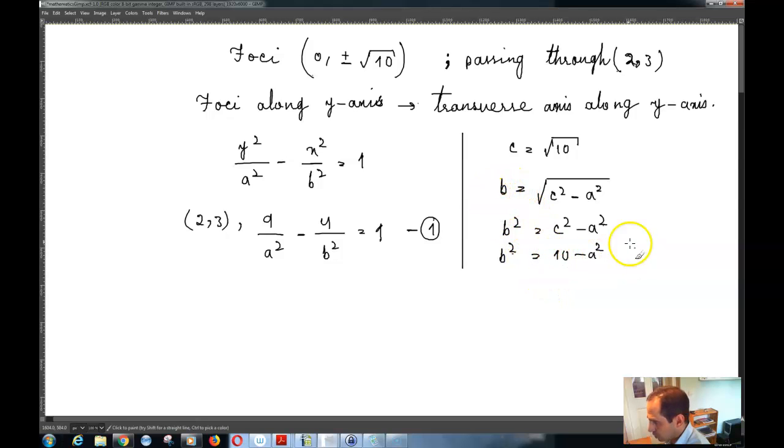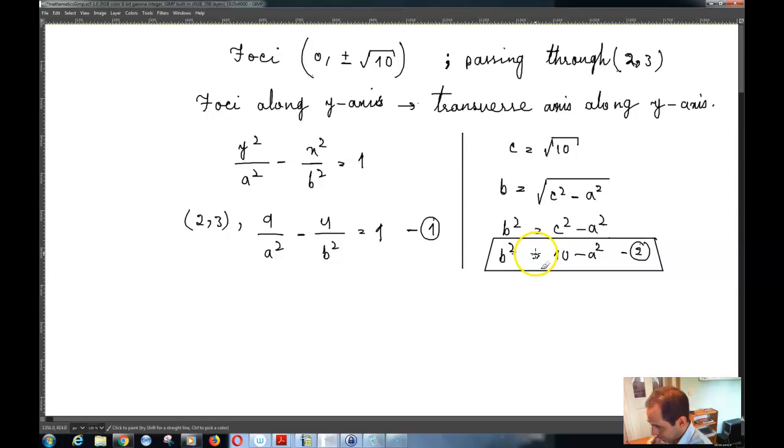So b squared is equal to 10 minus a squared. I can call this equation number 2, and what I can do is that instead of b squared over here, I can write 10 minus a squared.